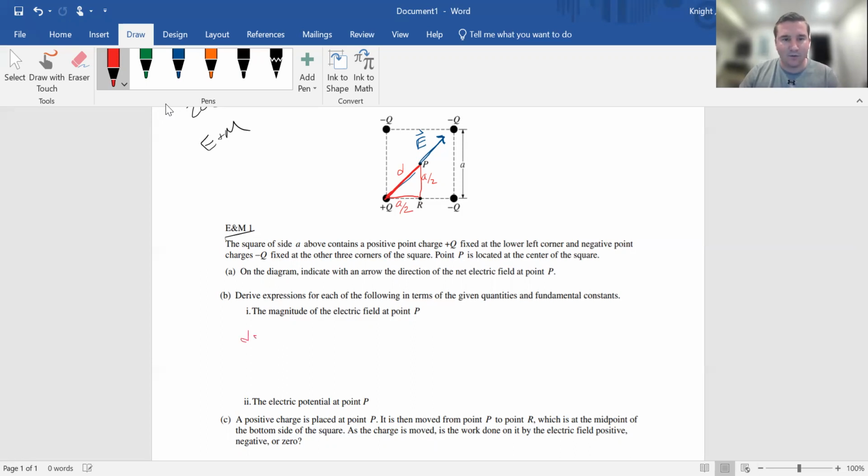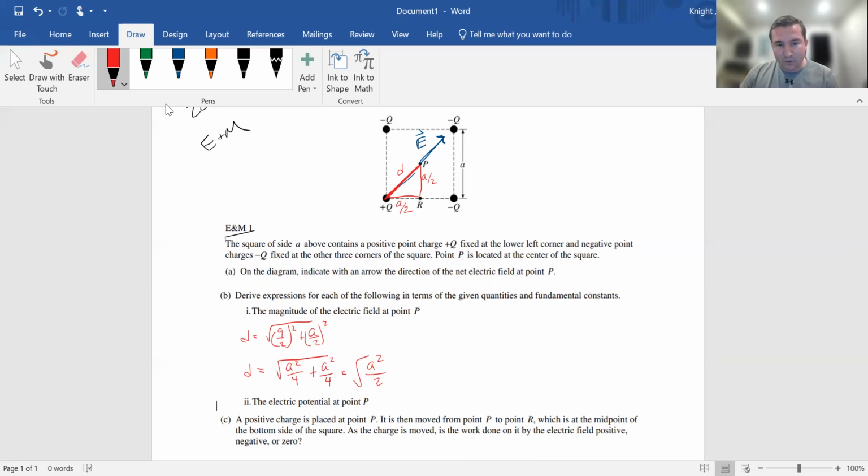So D is going to equal the square root of (A over 2) squared plus (A over 2) squared. That will give us the square root of A squared over 4 plus A squared over 4. And that'll give us 2A squared over 4, which would be A squared over 2.